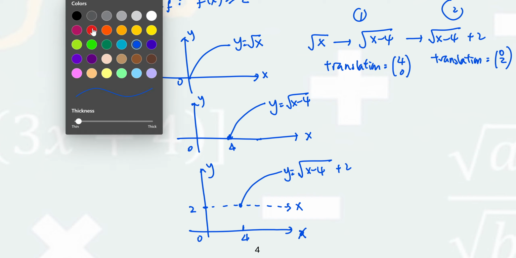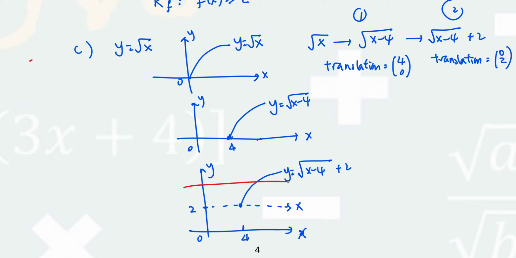Okay, so once you sketch a graph, you just draw a horizontal line. It shows that there is only one intersection point. So from here, you just write, based on the horizontal line test, there is only one intersection point.